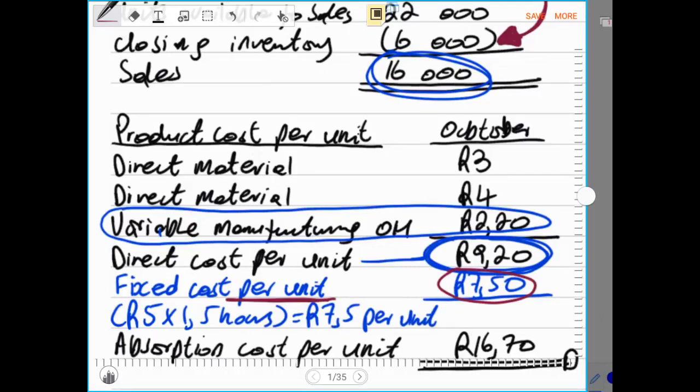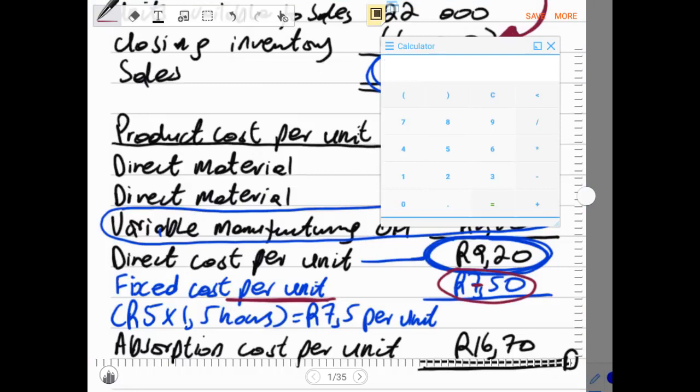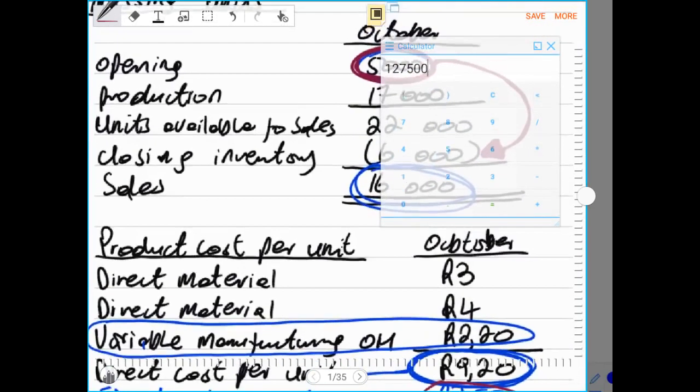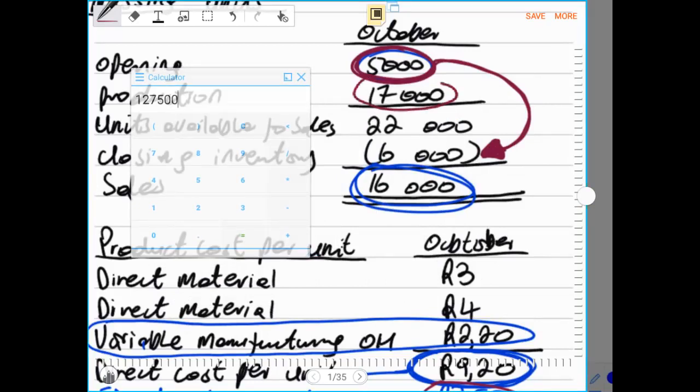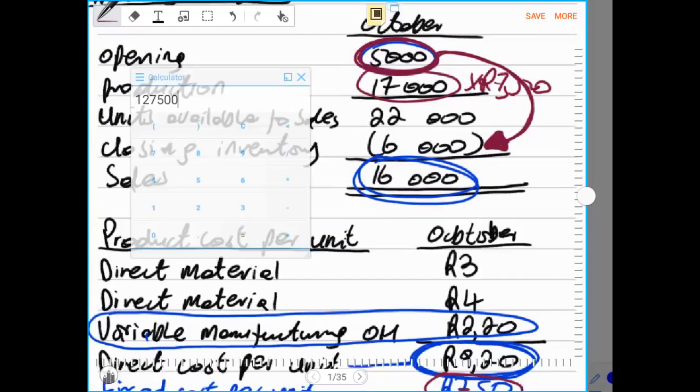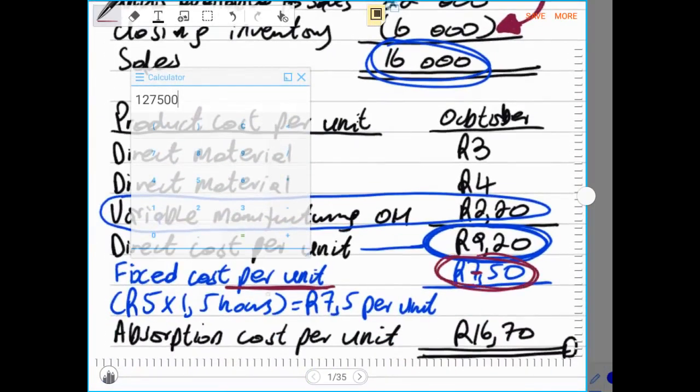So in this case, if we wanted, we could have taken the 7 rand 50 and multiplied by the number of units as opposed to the number of machine hours. So we say 7 rand 50 per unit, and we multiply this by the 17,000 units that were manufactured.